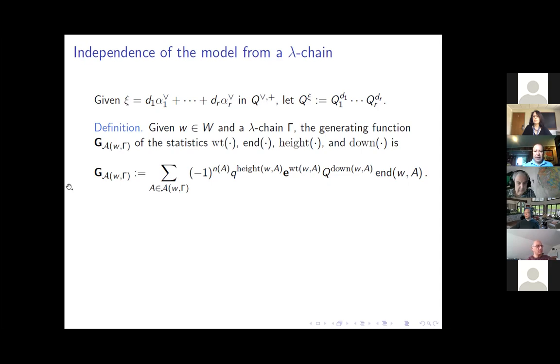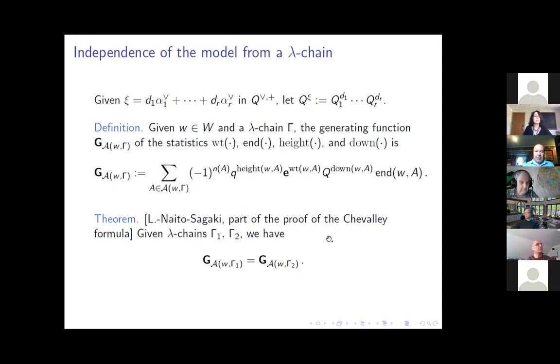So just the usual summation with indeterminate Q, the equivariant parameters for the weight, this capital Q to the down statistic, and then this is an element of the finite Weyl group. So this generating function is in some group algebra of the finite Weyl group. So this essentially captures the Chevalley formula, this generating function, in a simplified way.